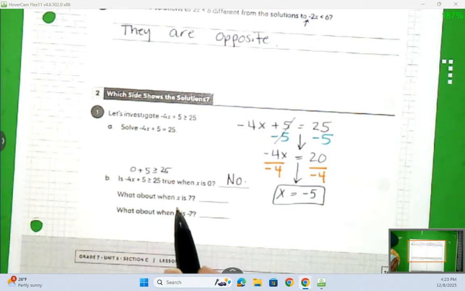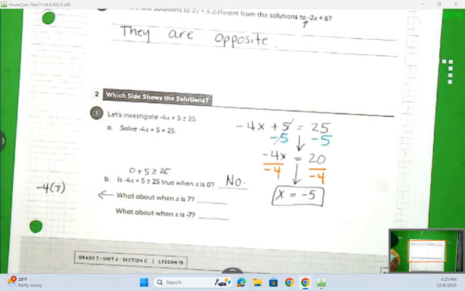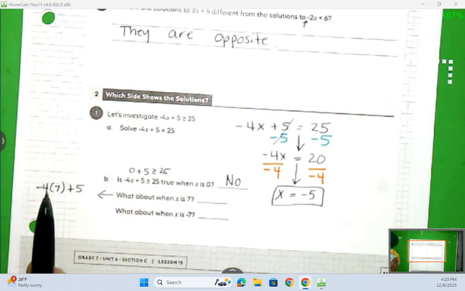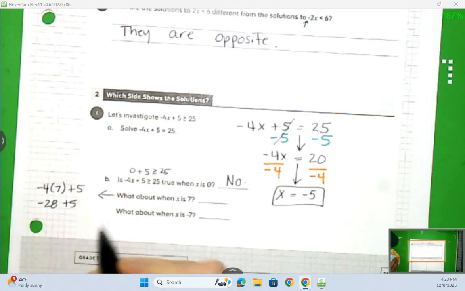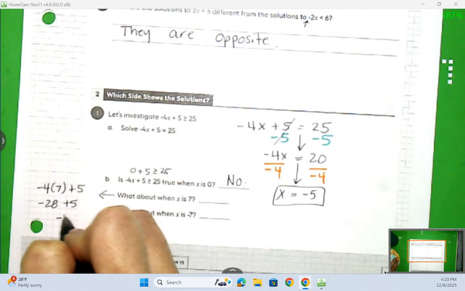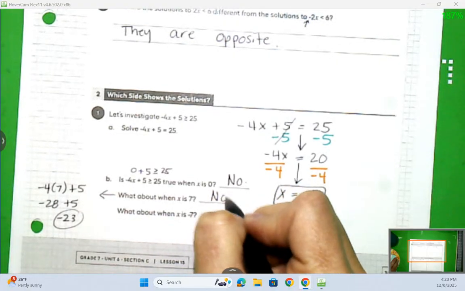If x was 7, I work that out off to the side. Negative 4 times 7 plus 5. Is that going to be greater than or equal to 25? Well, I'm going to have negative 28 plus 5, which works out to be negative 23. That's not greater, so that's going to be no.